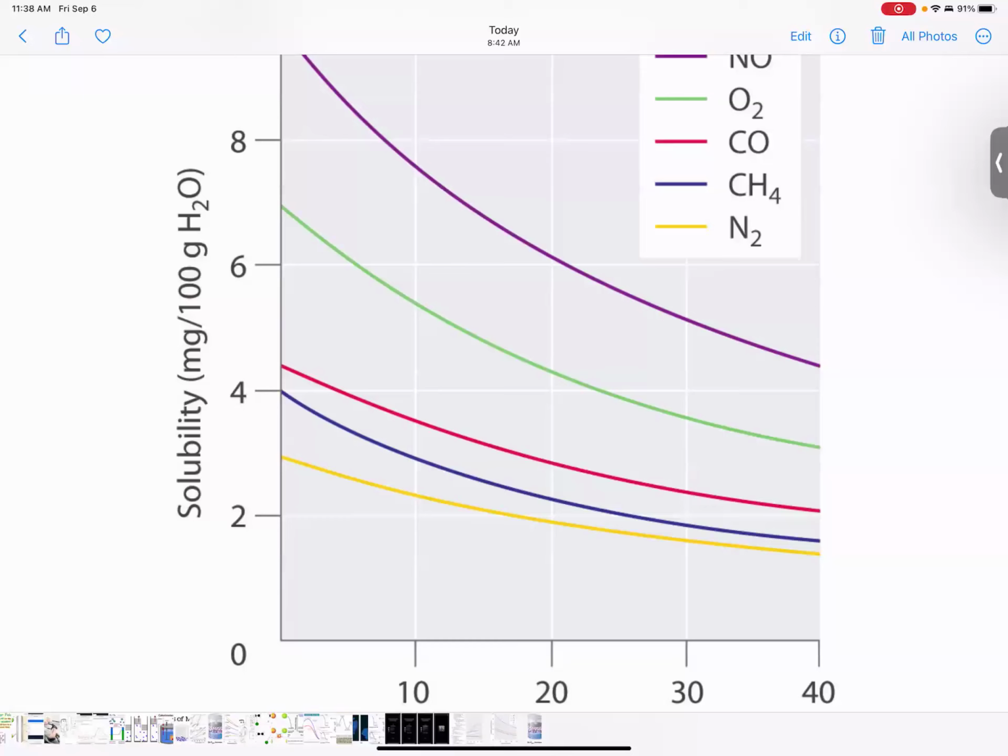So if you increase the temperature, the amount of gas in solution is going to decrease. Our can of Coke originally was at 25 degrees Celsius, so it was under ideal pressure, under ideal temperature. Did that answer your question, or did it make it more fuzzy?